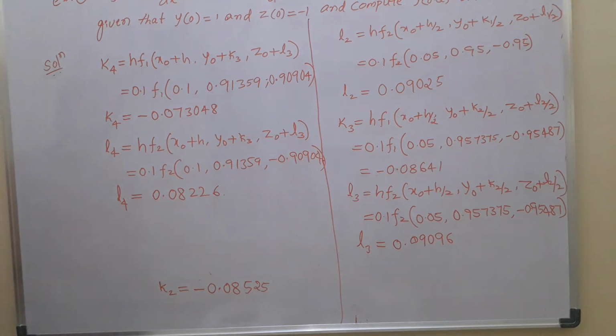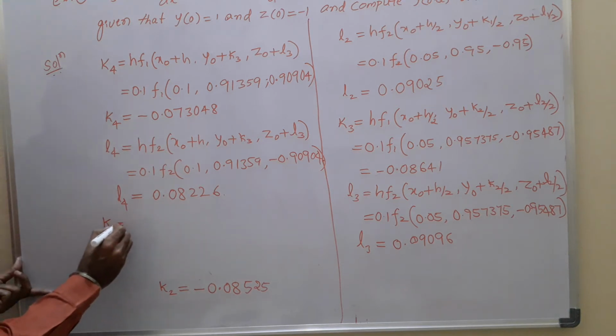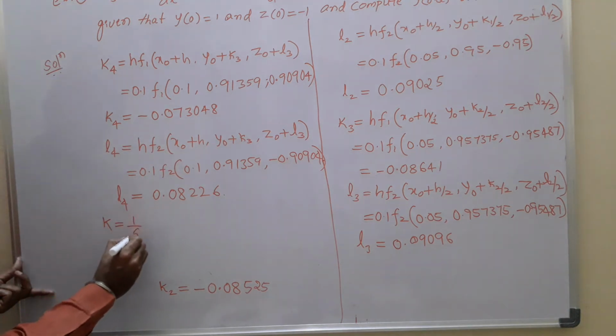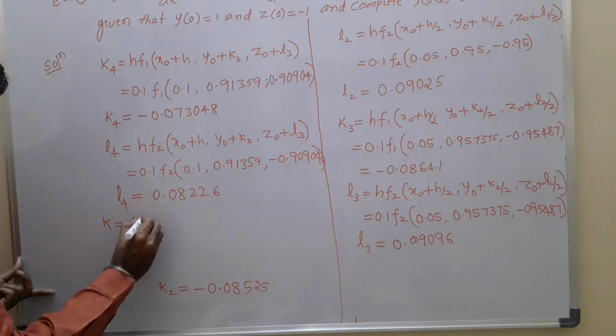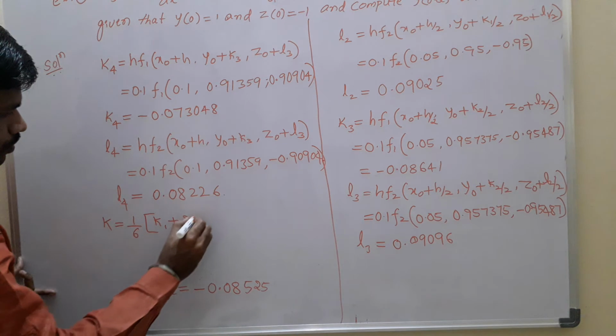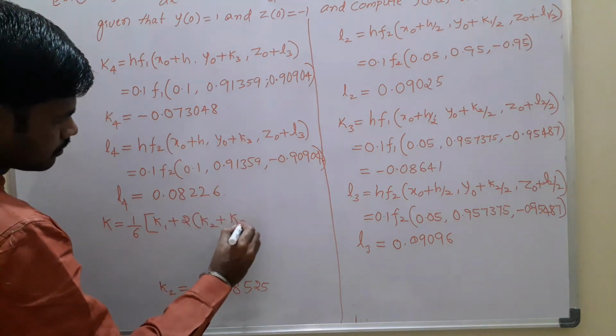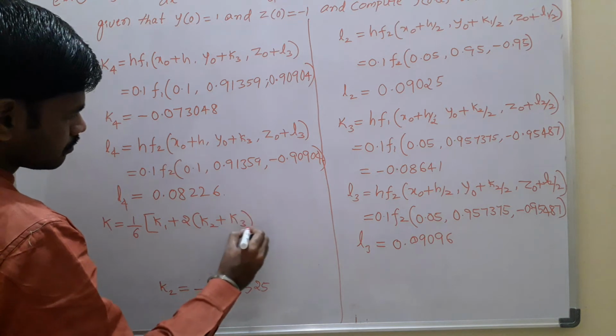Now we have to calculate k equal to 1 by 6 of (k1 plus 2 into k2 plus k3 plus k4).